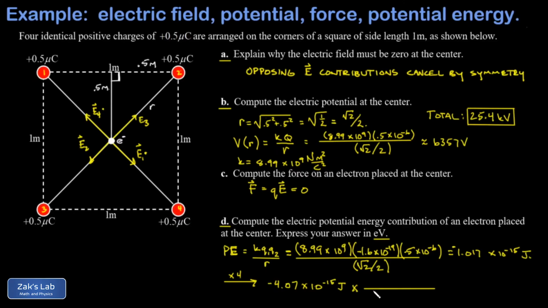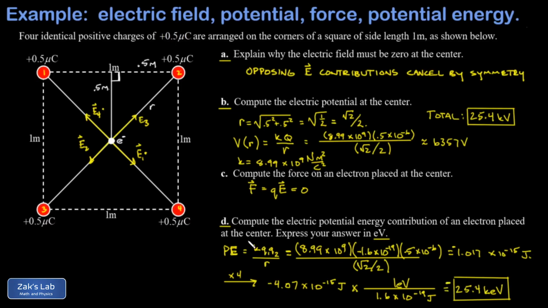And the energy change of an electron moving through 1 volt potential difference is given by its charge times the change in potential. As a magnitude, that's 1.6 times 10 to the negative 19 joules for each electron volt. And after doing the unit conversion, I end up with 25.4 kilo electron volts, so 25,400 electron volts. And this is a negative potential energy, so I'll pop my minus sign back in there.